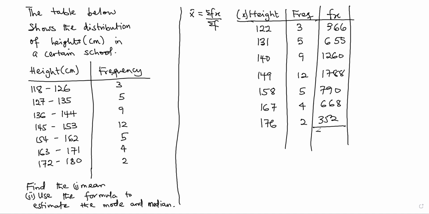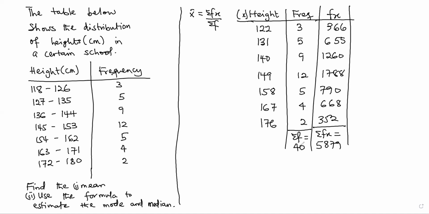So the formula says summation of fx over summation of f. So I need to sum all these fx. So you have 366 plus 655 plus 1260 plus 1788 plus 790 plus 668 plus 352. And that will give me 5,879. We need to sum the frequency f also, as we can see in the formula. So 3 plus 5 plus 9 plus 12 plus 5 plus 4 plus 2 gives me 40.